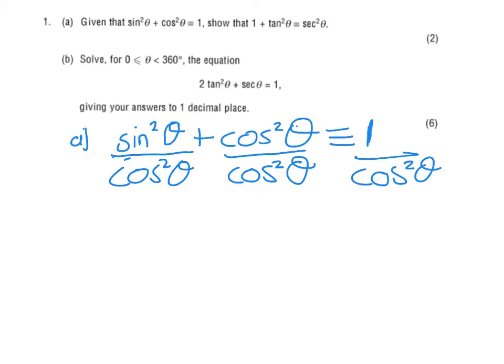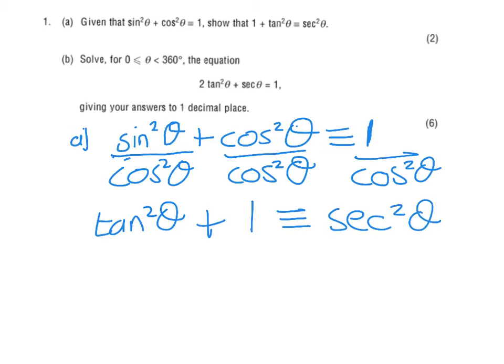Sine squared over cos squared is, of course, tan squared. Cos squared over cos squared is 1. And then 1 over cos squared is sec squared theta. And then we could just write that as it is.